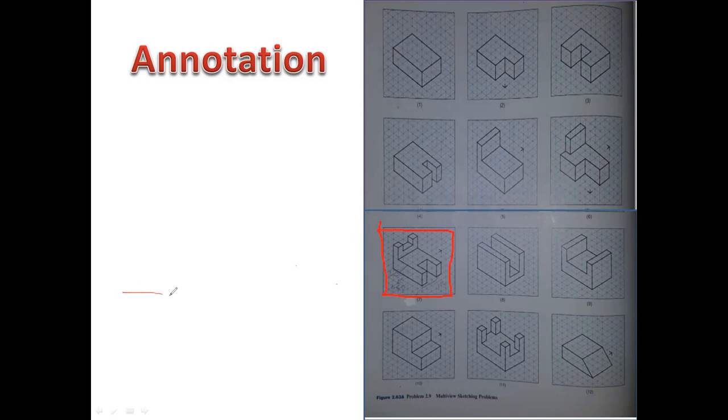Again, the first step is to establish my horizontal and vertical datum line. Then draw a line here at 30 degrees. Then establish my width, my length, and a point from here.